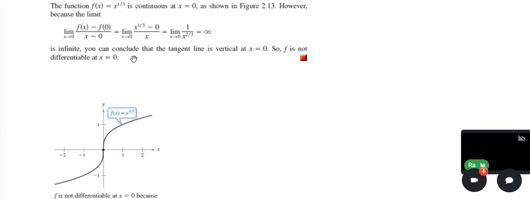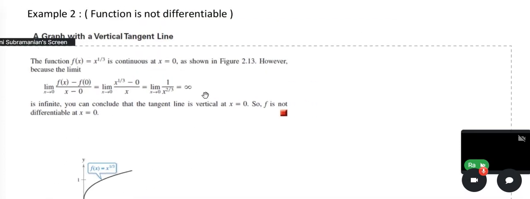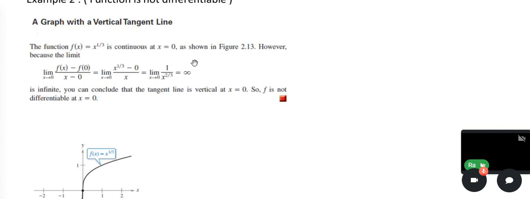So you can immediately say it is not differentiable. However, if we have to go according to the mathematical definition, let's find the limit. We use the differentiability formula, f(x) minus f(0) divided by x minus 0. f(x) is x power 1 by 3, so x power 1 by 3 minus 0 divided by x.